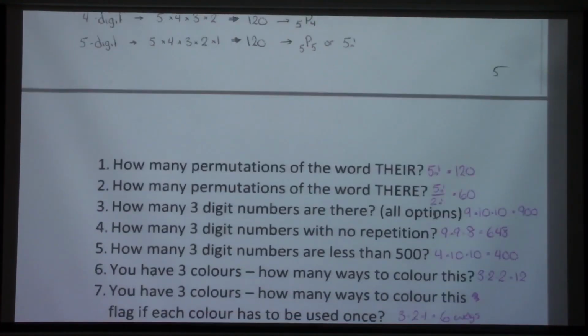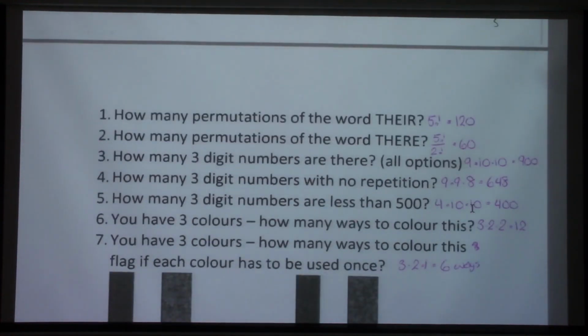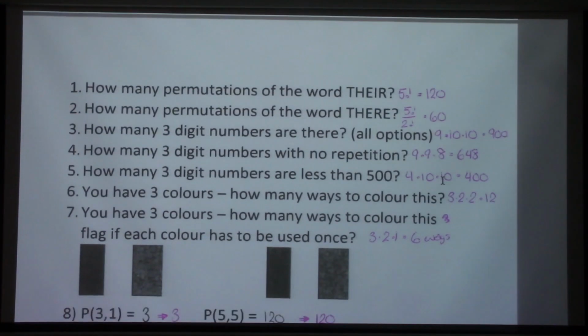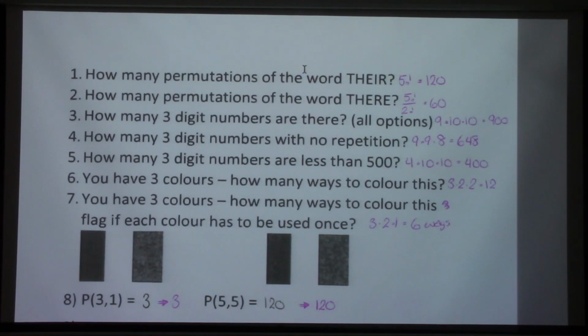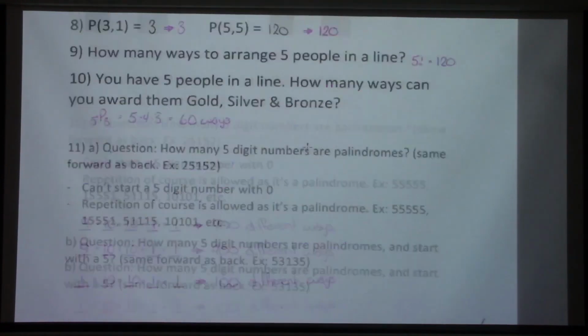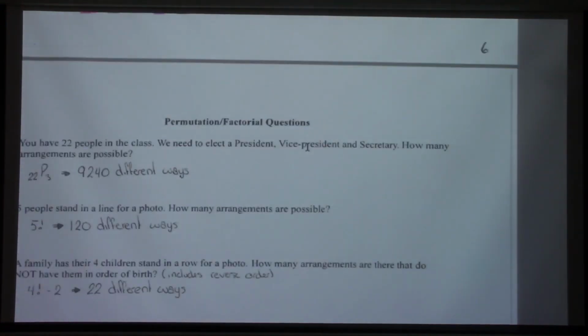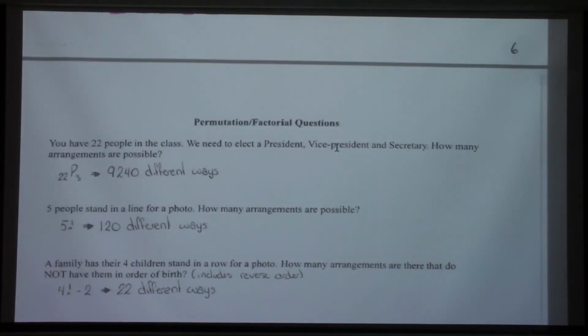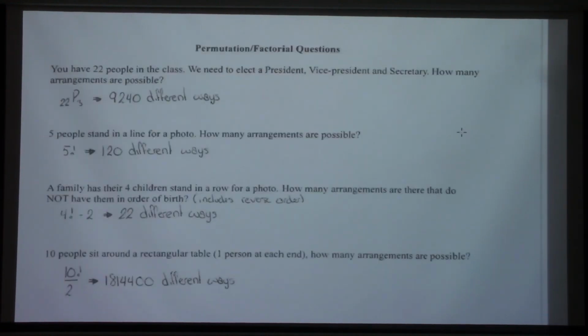As you work through some of these other questions, we just have some rapid fire questions that look at all possibilities here. Letter arrangements, 3-digit numbers, flag coloring. And then finally, we'll move into some true word problems. And the only challenge that you have here is to go and pick the key numbers out.